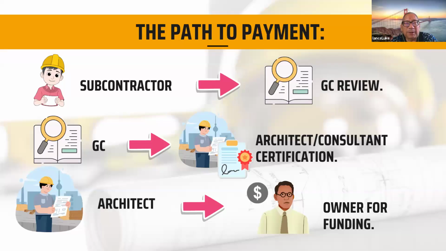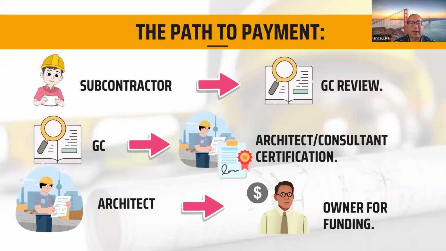So here's kind of an idea of how this whole process works. On every given project, there are subcontractors, right? The subcontractor submits their invoice to the general contractor, and the general contractor reviews it.